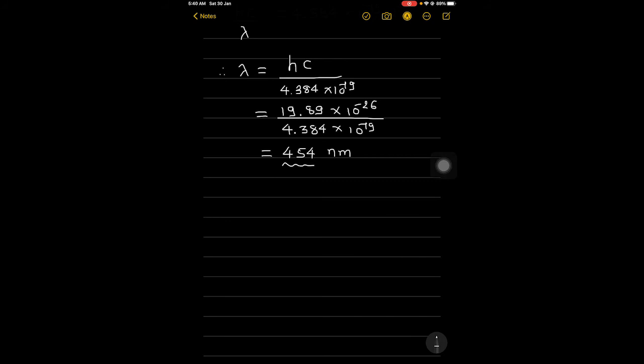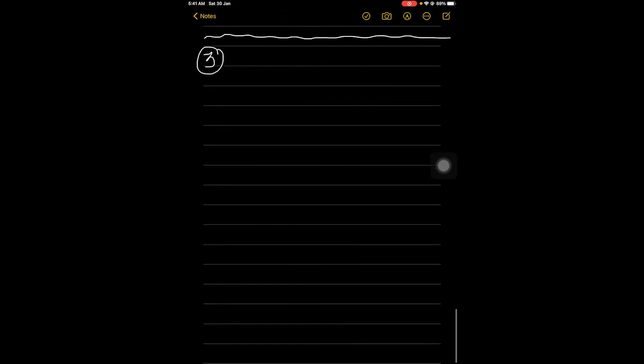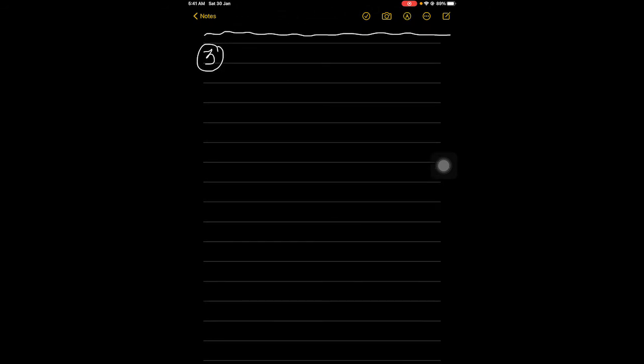Now we will move towards the next example, that is example number 3. In this example number 3, what they have given and what they have asked is interesting again. In the question it is given that the wavelength of light in the visible region is about 390 nanometer for violet color.